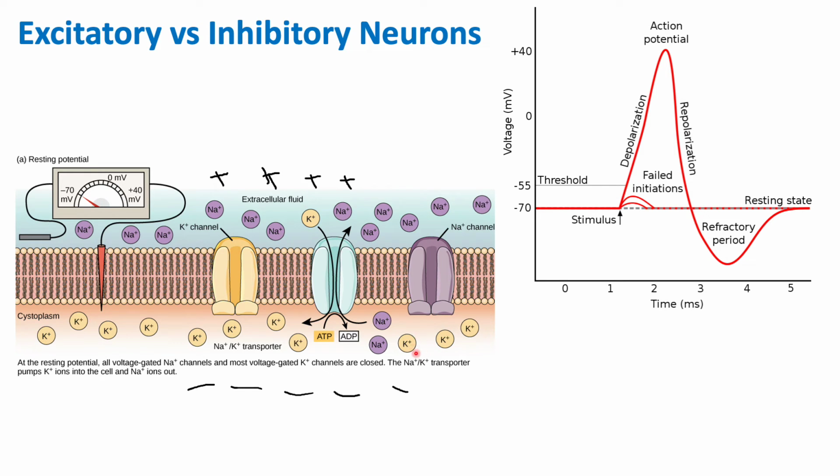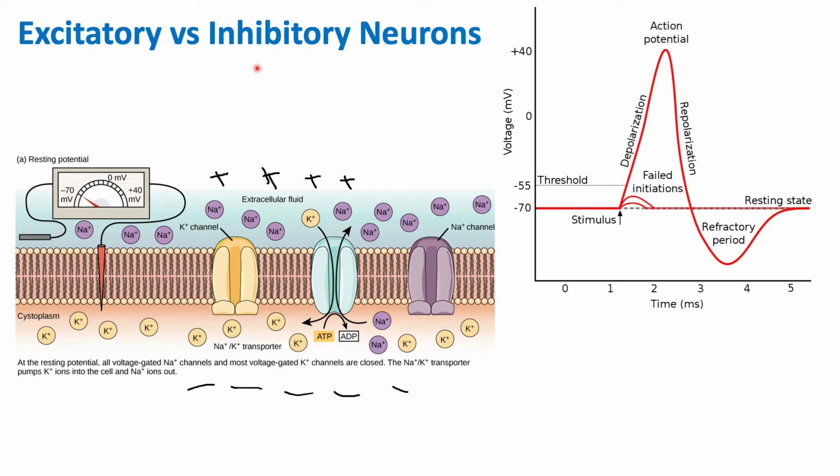And when it moves in, we see a lot of positive charge in here. So the inside of the cell becomes more positive. So we say it becomes approximately positive 40 millivolts, which now means that the inside has become 40 times more positive in comparison to the outside. So that's an excitatory effect. And in an excitatory effect, we see depolarization and we see sodium coming in.